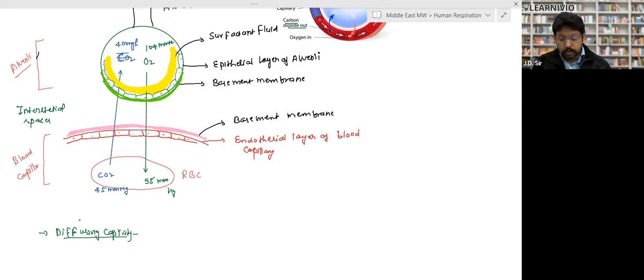A respiratory membrane has a limit of gases exchange between alveoli and pulmonary blood. It is called diffusing capacity.